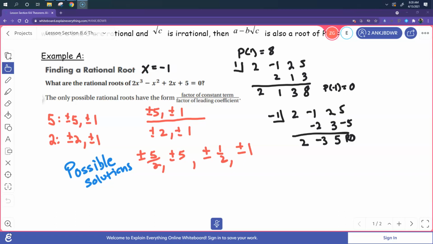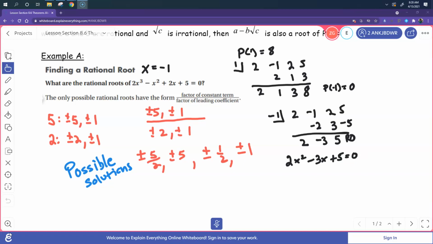So what do we have as a quadratic? We have 2x squared minus 3x plus 5 equals 0. Now at this point, if you want to use a quadratic formula, you can.